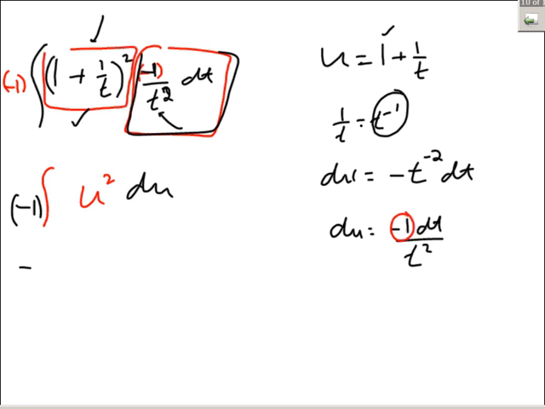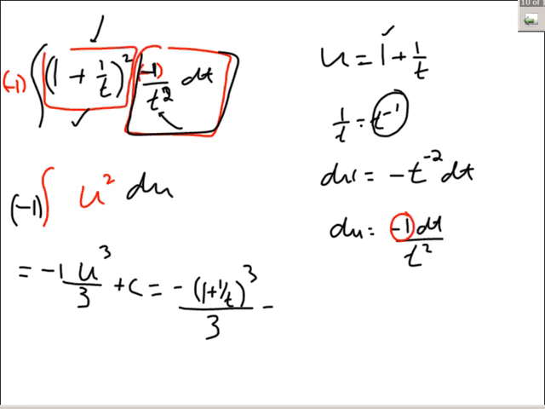But this integral is very doable. It's negative u to the 3 over 3 plus c. And u is 1 plus 1 over t. There's your answer.